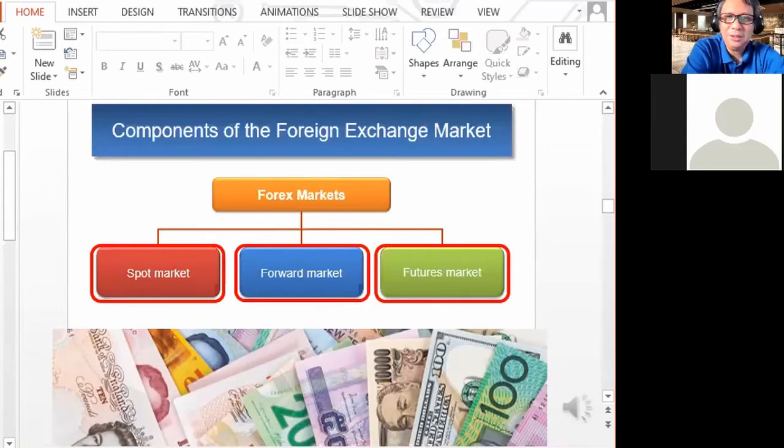So if the exchange rate at the time that I was importing is, for example, 40 pesos, and in the future it becomes, for example, 50 pesos, I will be paying more pesos for the dollar. So the import becomes more expensive on my part, if I am the importer. So I have to agree on a future exchange rate.